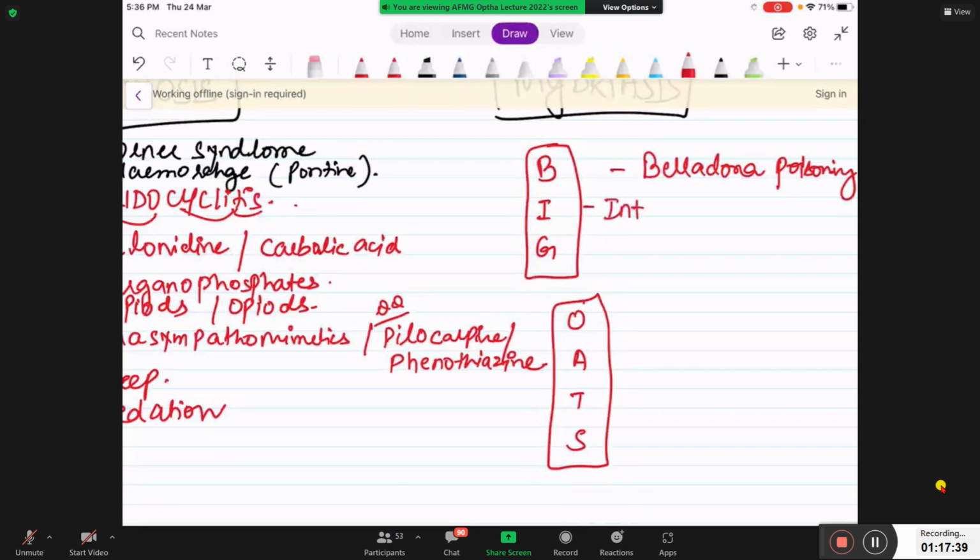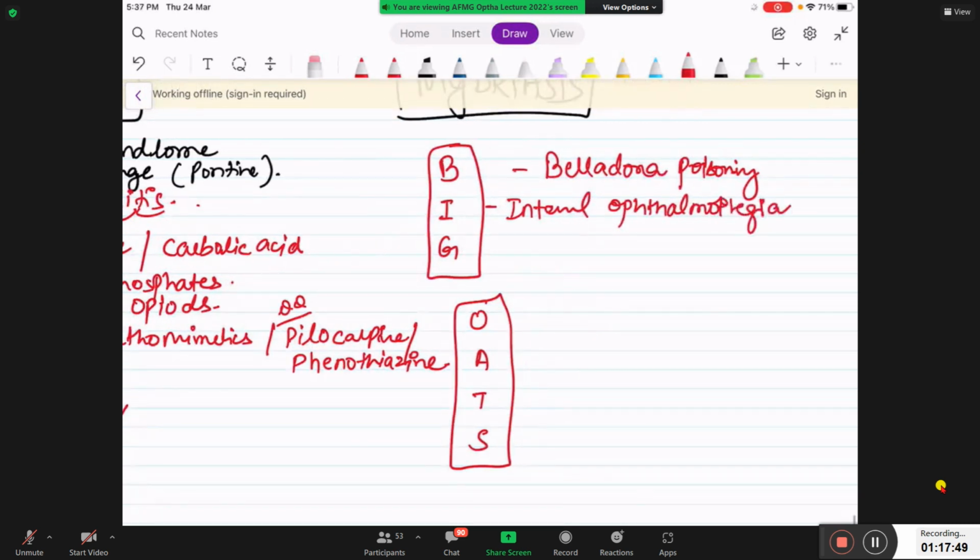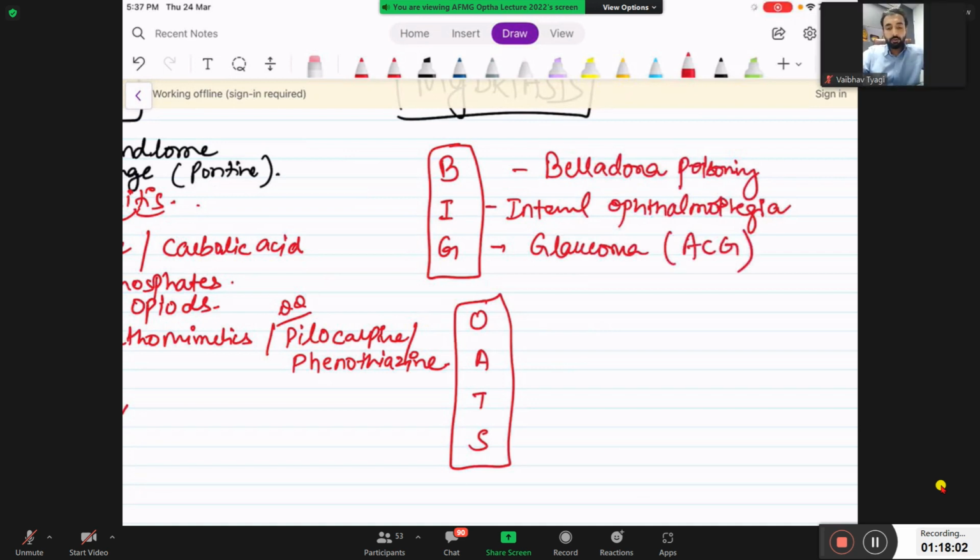I stands for internal ophthalmoplegia. G stands for glaucoma. Which glaucoma? ACG, angle closure glaucoma. When we discuss glaucoma tomorrow, I will ask you whether the pupil is dilated or constricted. So remember, in angle closure glaucoma, the pupil will be dilated, right?